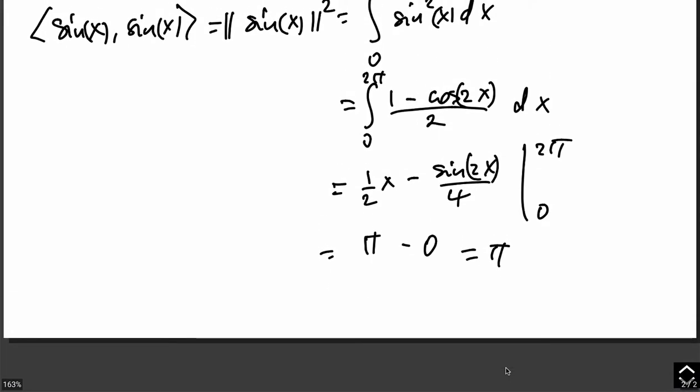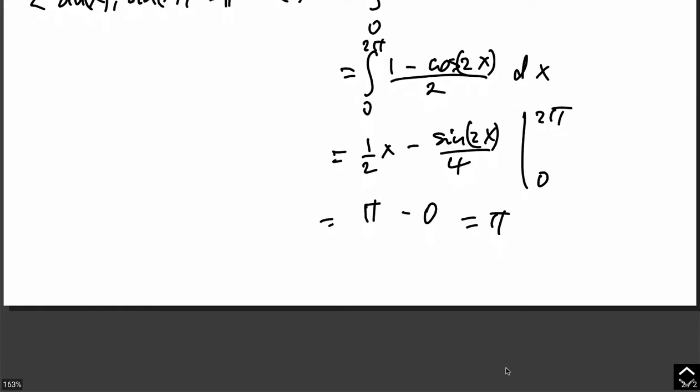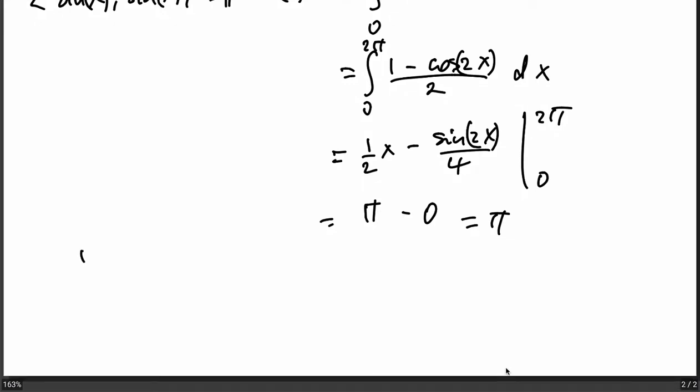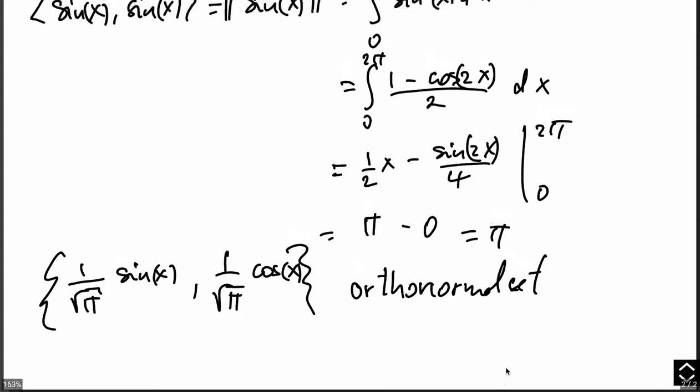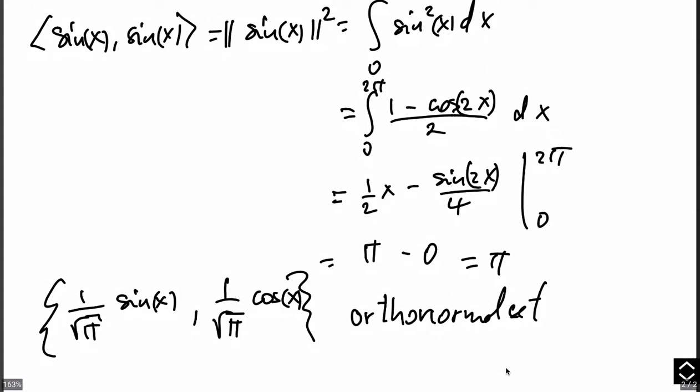But then what you could do is, instead of sine of x, consider 1 over square root of pi sine of x, and 1 over square root of pi cosine of x, and what we get now is an orthonormal set, because when you integrate you get a cancellation of the pi.